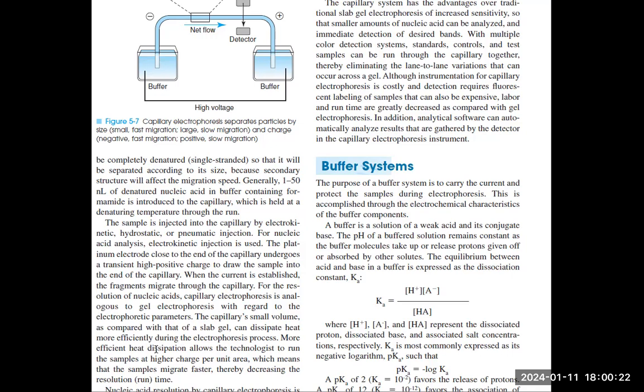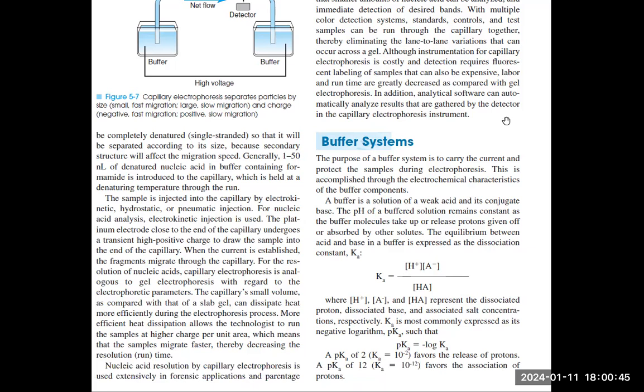Increased heat dissipation will permit running samples at higher charge per unit area, which means faster migration, and so faster resolution or runtime. So it can be done faster compared to the gel electrophoretic techniques. Okay. So for capillary electrophoresis, bacterial typing is for the PAGE, guys.